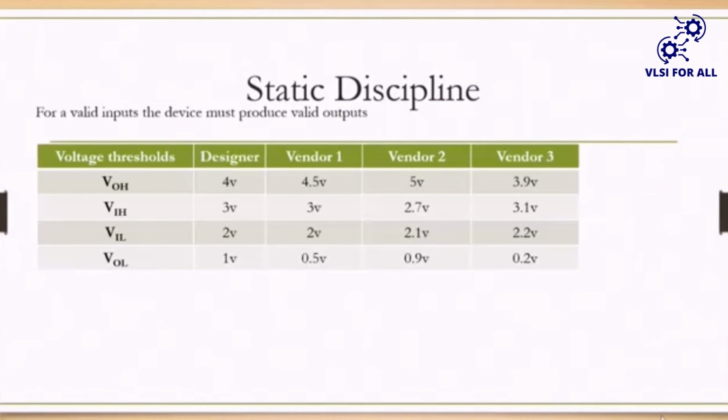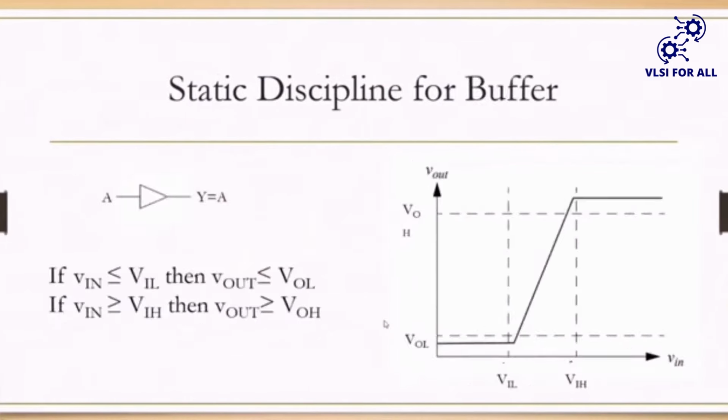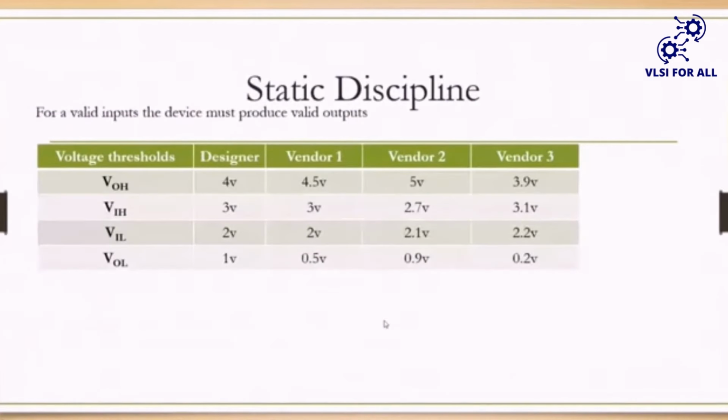Okay, good. And you tell me, Alovika, as vendor 1 satisfied all the requirements, I mean in 4 aspects, can you tell what is the noise margin of vendor 1? First one is 1.5.